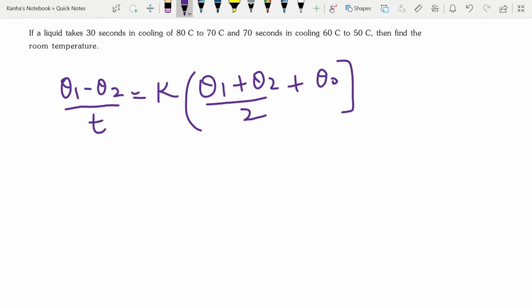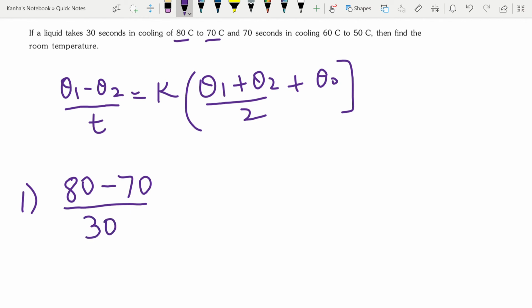Okay, so in the first case, what are the different values that I have? I have my theta 1 to be equal to 80, the initial temperature. My final temperature after cooling is 70. So theta 1 is 80, theta 2 is 70, and it takes 30 seconds for this cooling to happen.